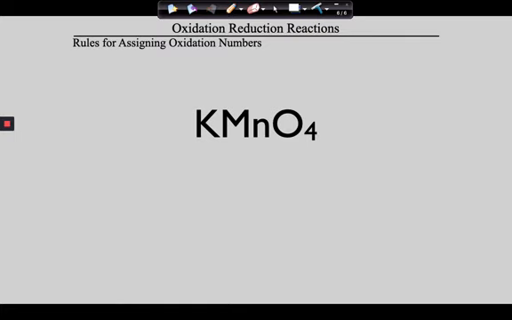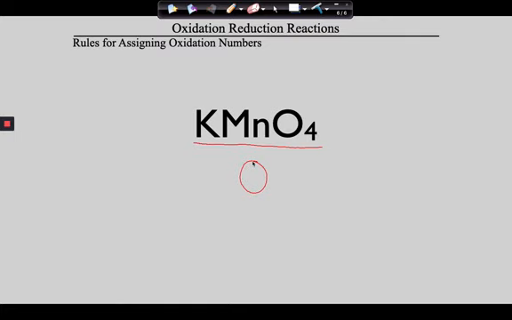The first thing that we know is this. This entire salt has an overall charge of 0. We know that because we have a rule that says compounds have a charge of 0. So when we're done with this, the entire thing has to have a charge of 0.